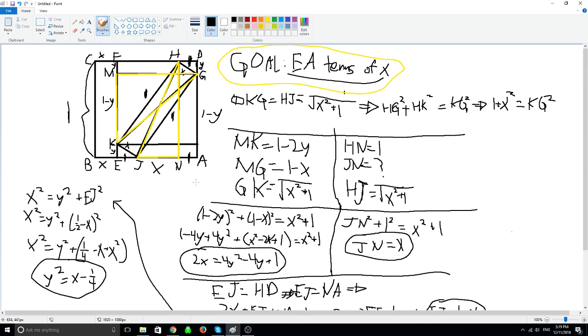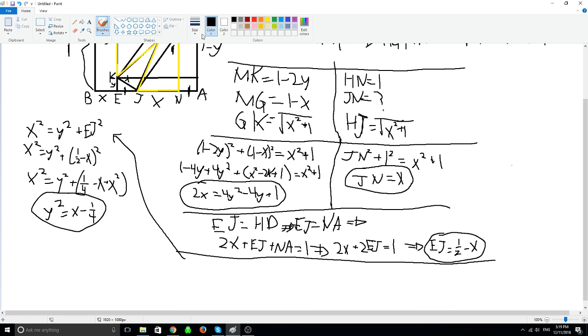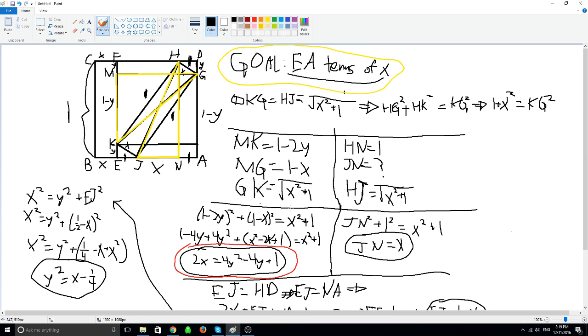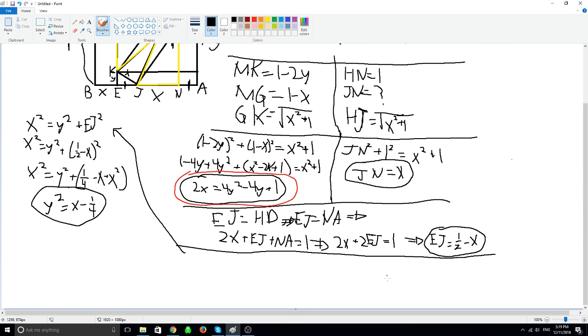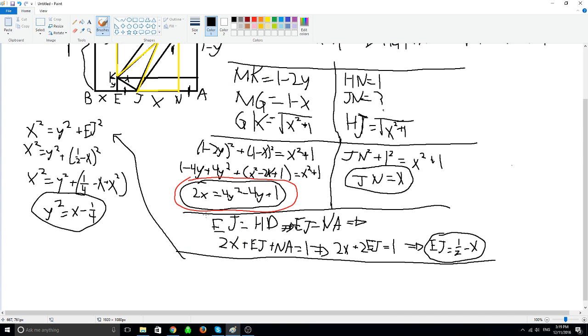And then now we can finally use this equation right over here, and solve for x. And we will get a relatively easy expression to solve, because it will just have one square root, and that will be pretty easy to solve. So now we can let y equal the square root of x minus 1/4.